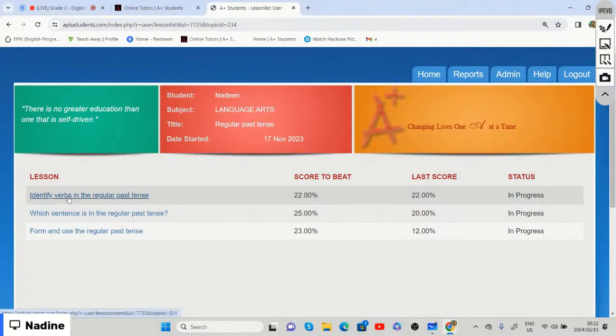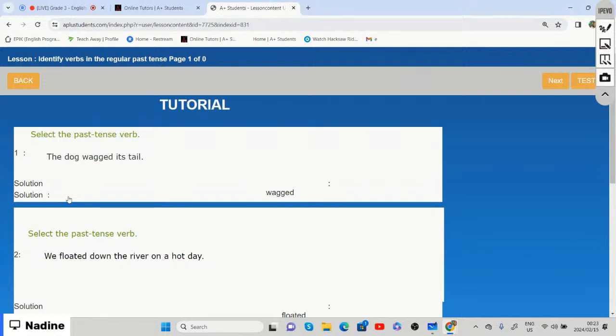And we're going to the first lesson, which is to identify verbs in the regular past tense.